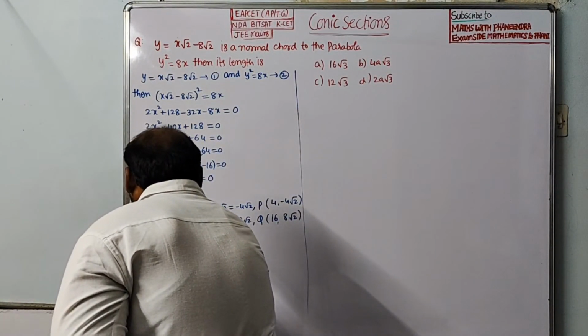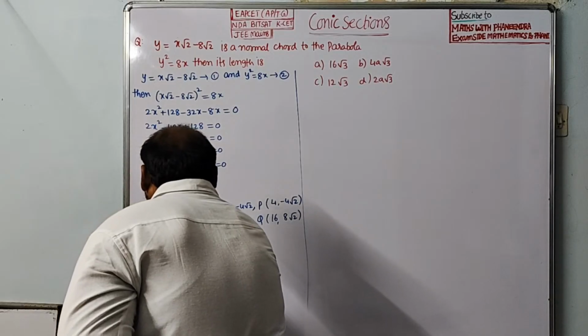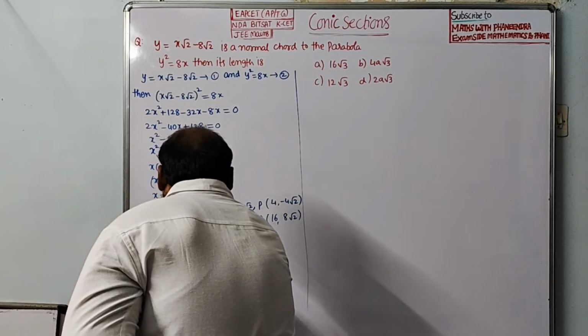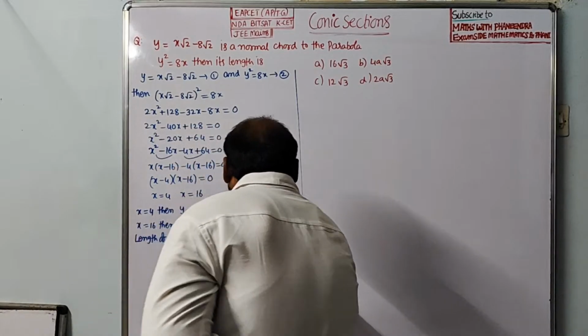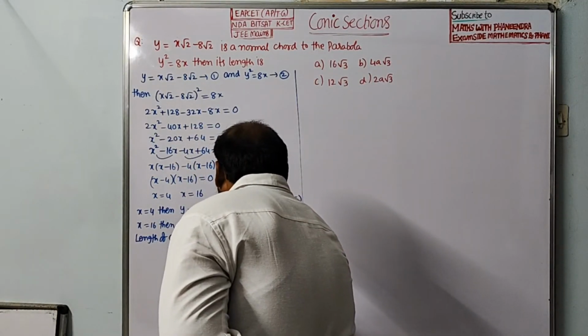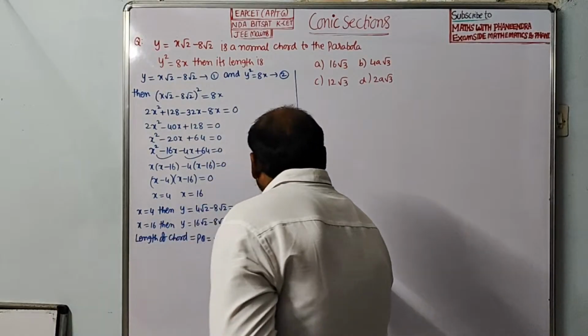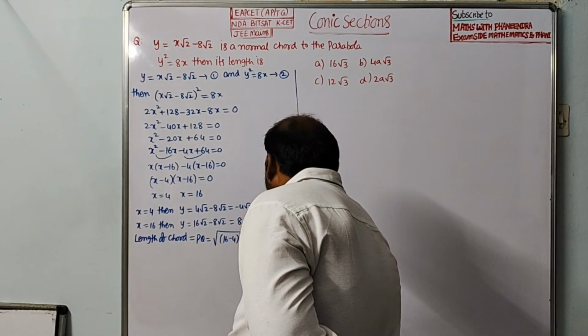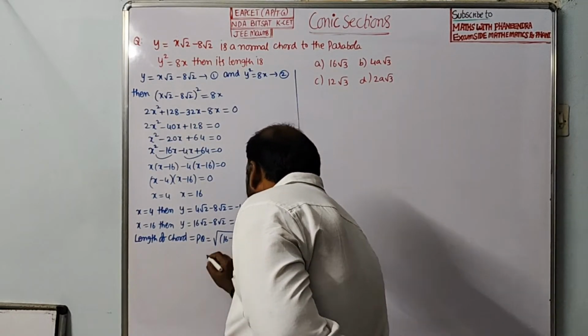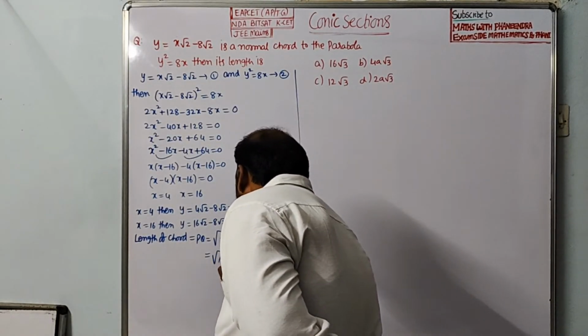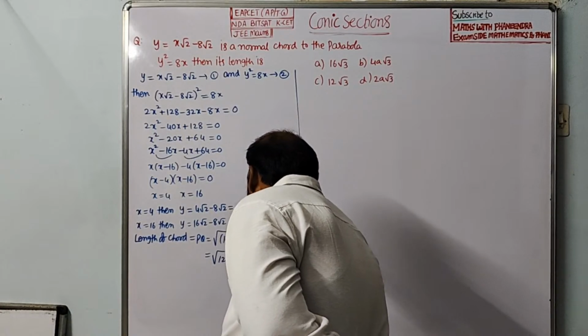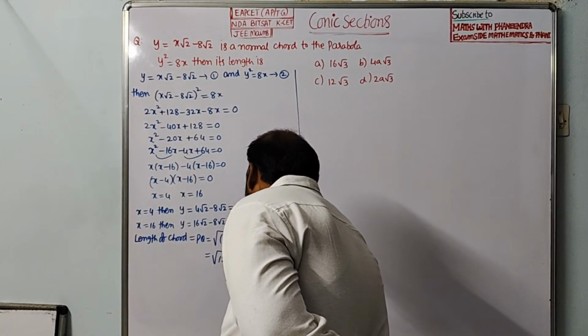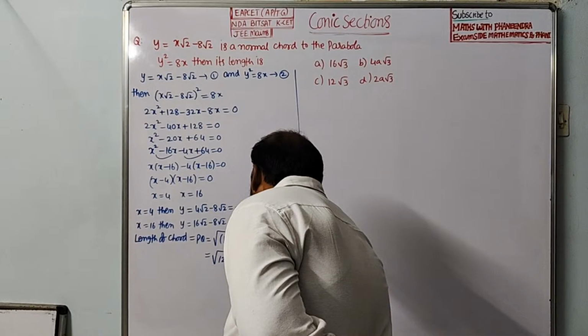Length of chord PQ equal to root of 16 minus 4 whole square plus 8 root 2 plus 4 root 2 whole square. So which is equal to 12 square plus 12 root 2 whole square, means 12 square into root 2 whole square.